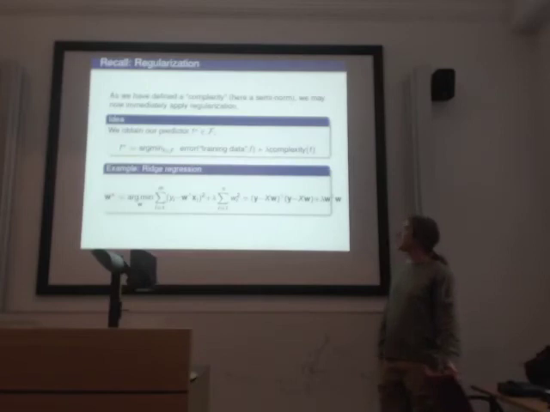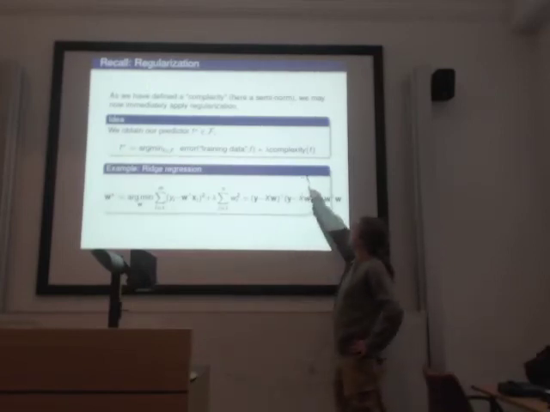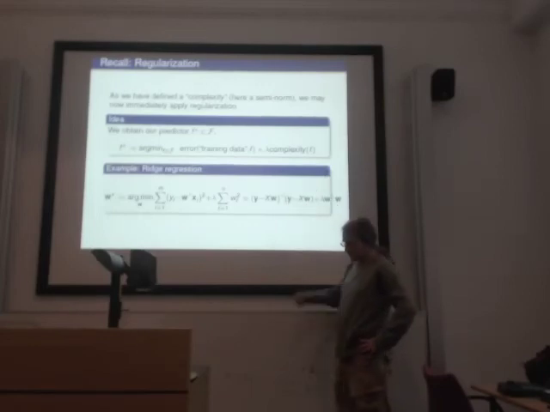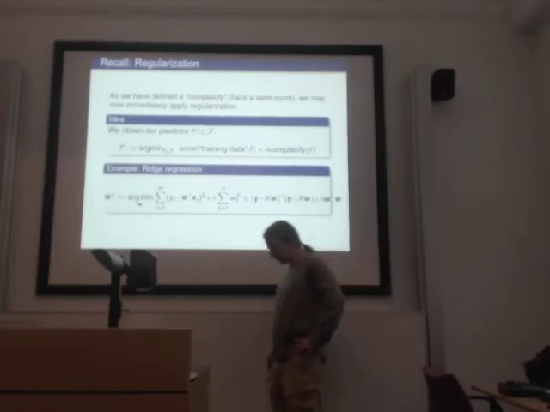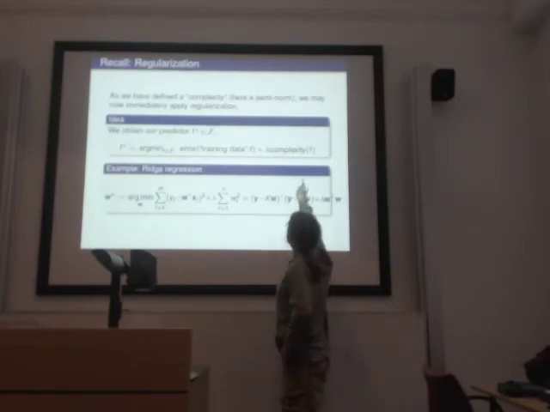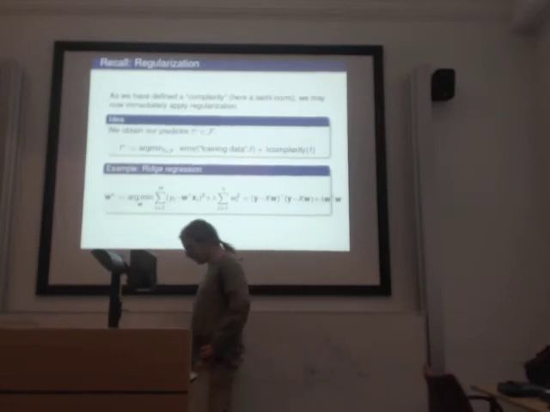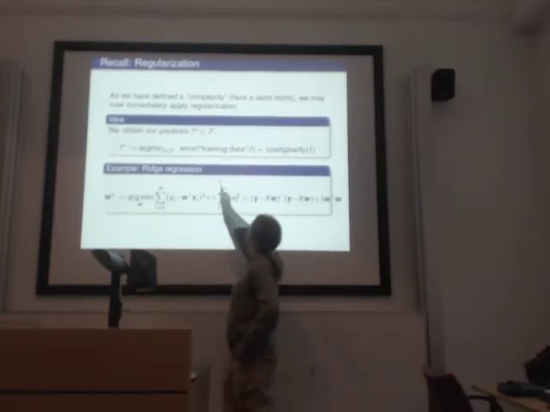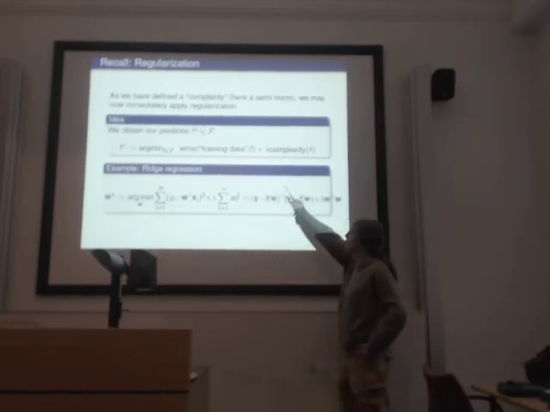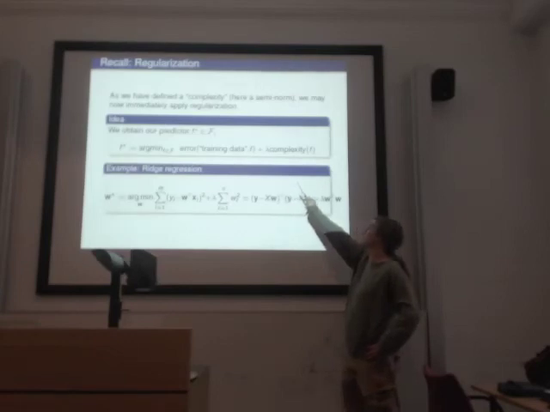The motivation being, if we don't have any complexity at all, and we fit the training data exactly, well, we're maybe in some sense fitting the noise. If all we care about is complexity, well, we have no predictive power. So regularization is generally this idea of trading off the minimization of error and complexity.